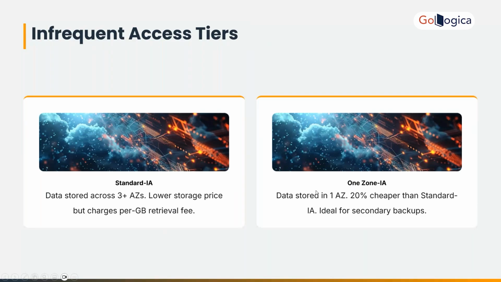Data is stored in only one availability zone, and it is around 20% cheaper than Standard-IA, so it is ideal for secondary backups. Even if you lose that availability zone, you still have your primary data, so that you can recreate that data again.